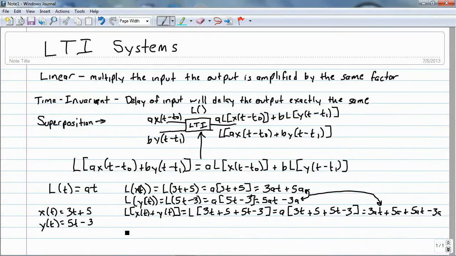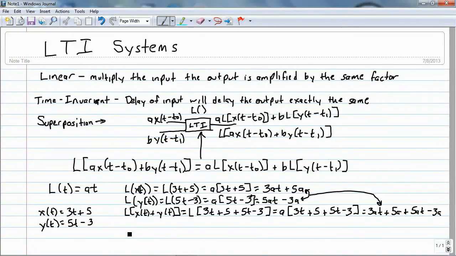So linear time invariant systems are going to be very important. And this idea of superposition, we're going to use this throughout the semester as we analyze different systems. And we might think, well, why would I want to do this?